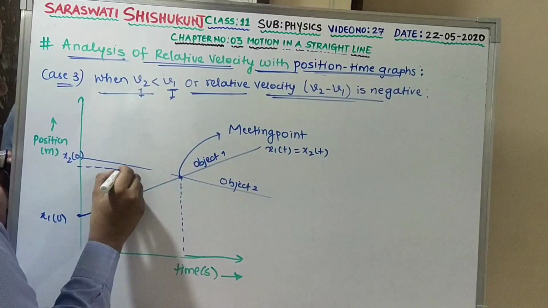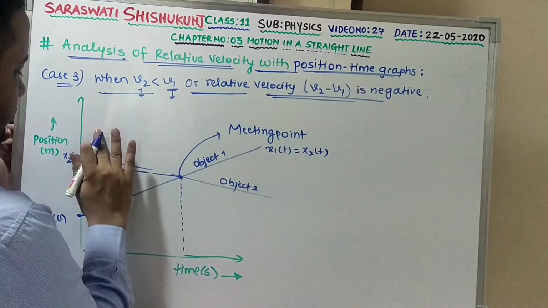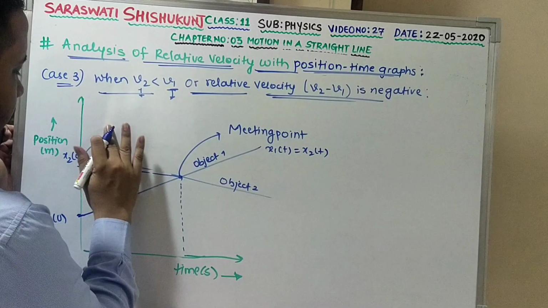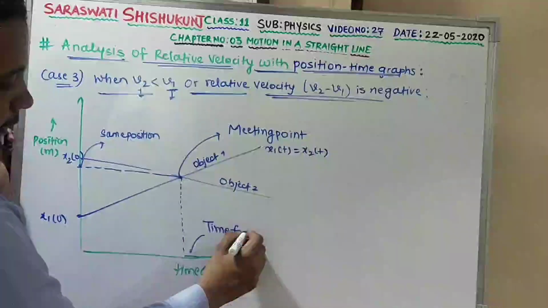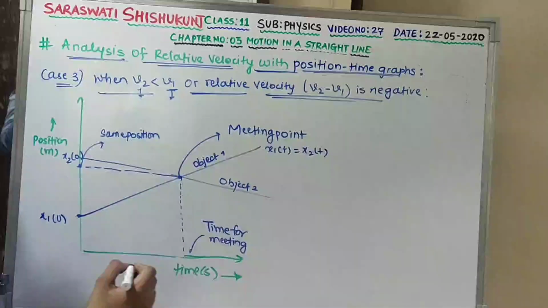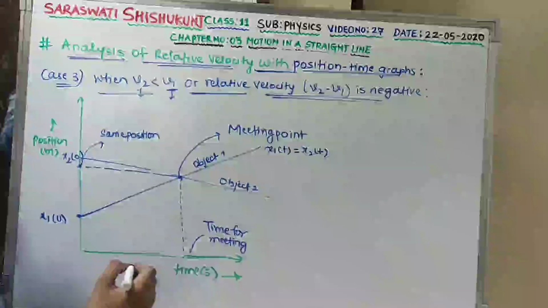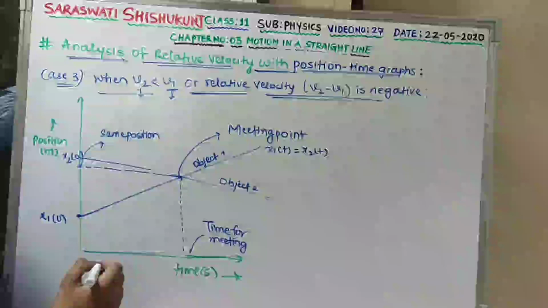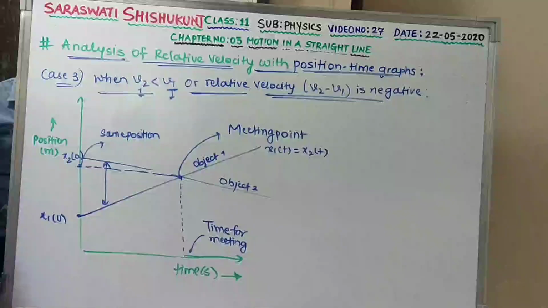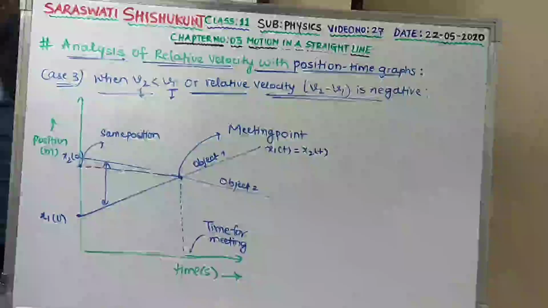So this is the meeting point, the same position, and here you can say the time for meeting. Is this clear? Here you will be able to notice one thing.